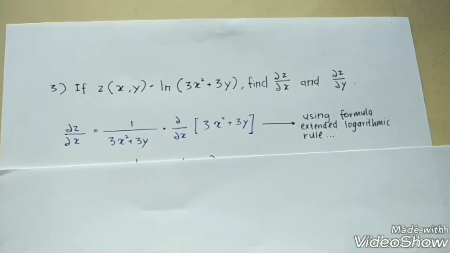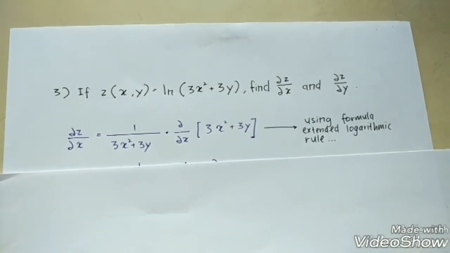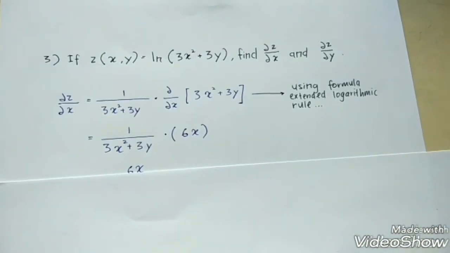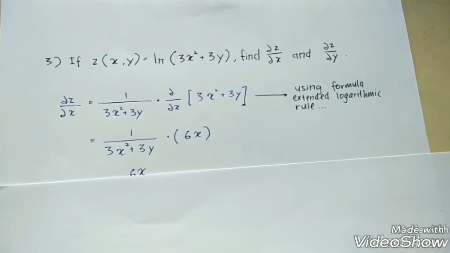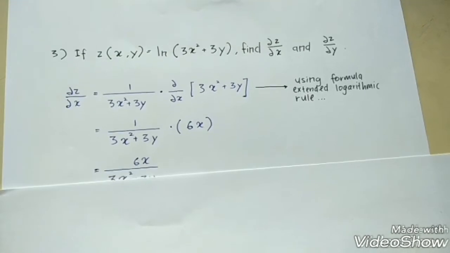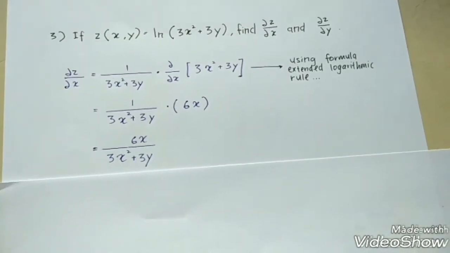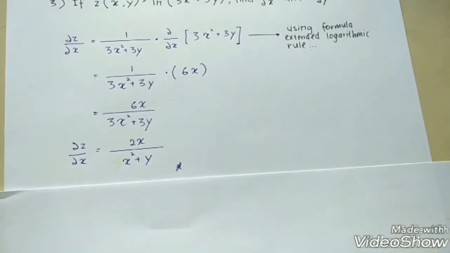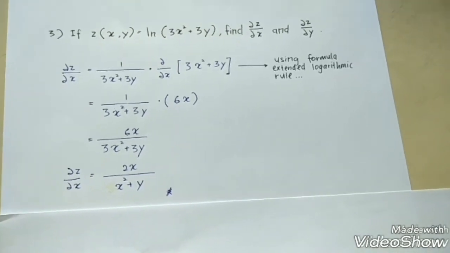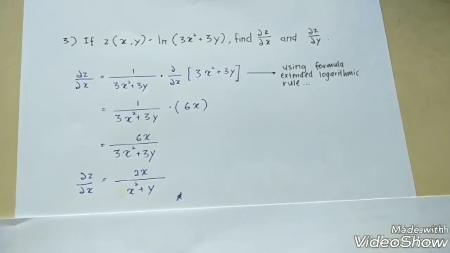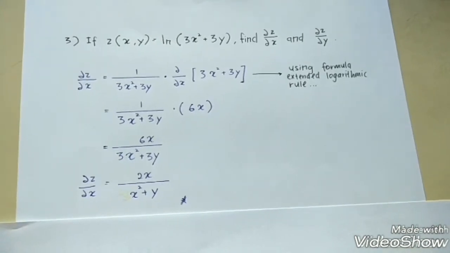So we must differentiate with respect to x. Then it becomes 1 over (3x² + 3y) times 6x. Then we get the answer 6x over (3x² + 3y). Just simplify, so it becomes 2x over (x² + y). That's the answer for ∂z/∂x.